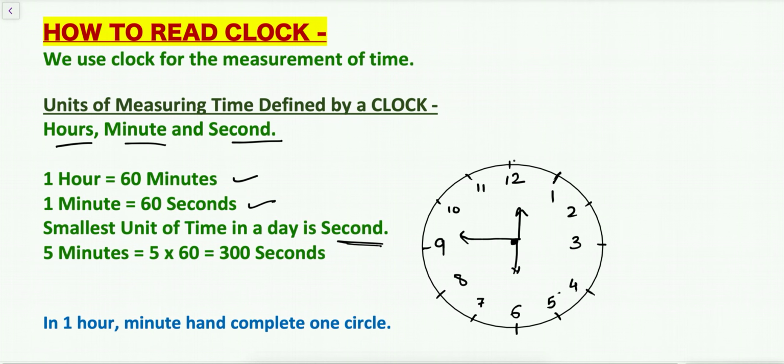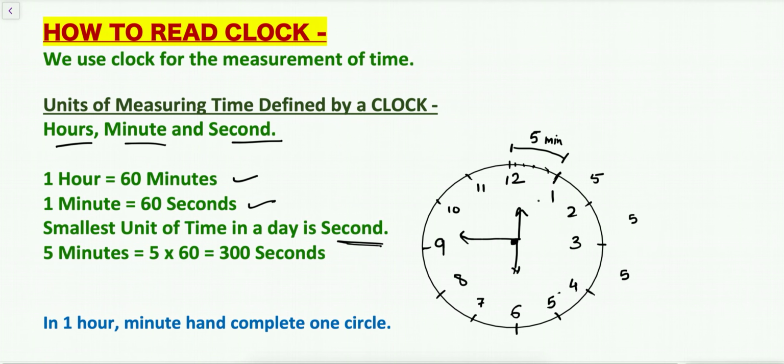And here from 12 to 1 it is 5 minutes. Here 1 minute, 2 minutes, 3 minutes, 4 minutes and it will be 5 minutes. And from 1 to 2 it is again 5 minutes, 2 to 3 is again 5 minutes and 3 to 4 is 5 minutes.